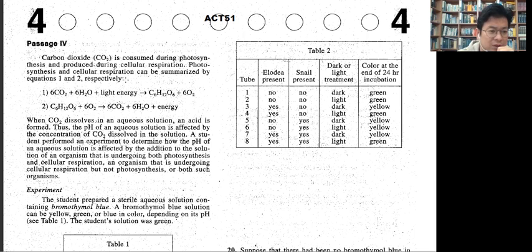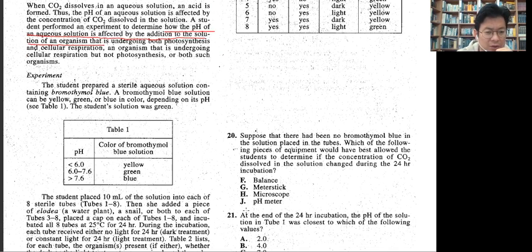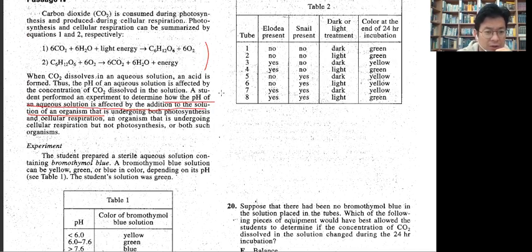Photosynthesis is okay. This is photosynthesis. CO2 dissolved in solution, concentration dissolved in solution. Determine how the pH of an aqueous solution is affected by the addition of an organism that is undergoing this. So it has to be pH level then. Right? That's what it is here.